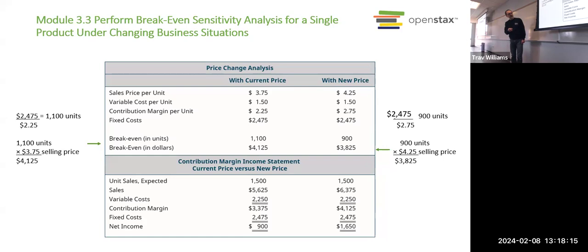Variable costs stayed the same, right? Because we didn't change variable costs or number of units. And so we end up with a larger contribution margin because of that larger sales revenue. Take out the fixed costs, and we end up with almost double the profits. It goes from $900 to $1,650. So if they really can keep the number of units sold the same and raise the price 50 cents, they almost double their profits.